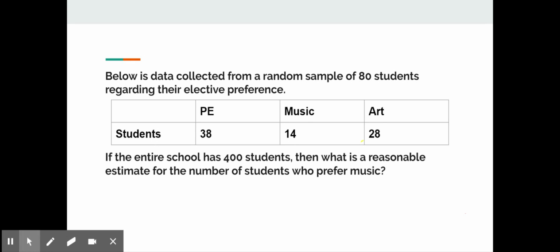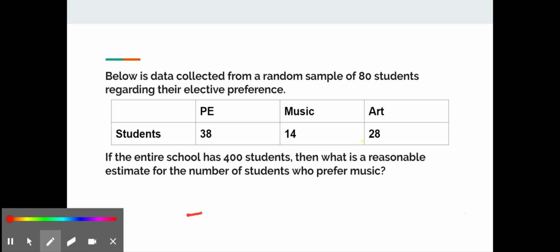Below is data collected from a random sample of 80 students regarding their elective performance. You're given a table here, and it is important to be able to read through a table. If the entire school has 400 students, then what is a reasonable estimate for the number of students who prefer music?